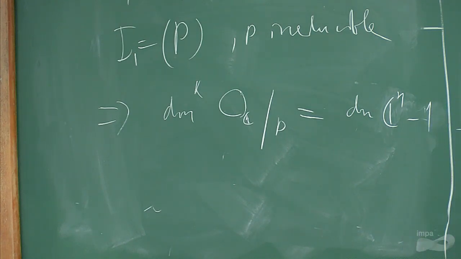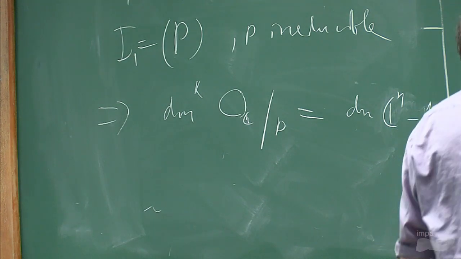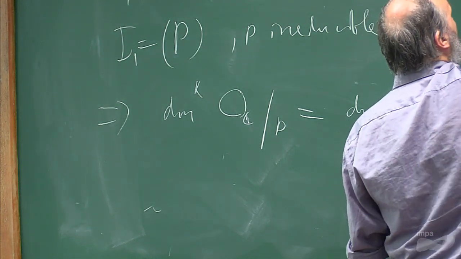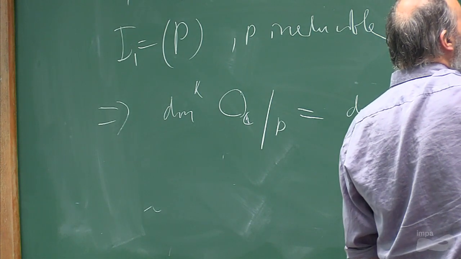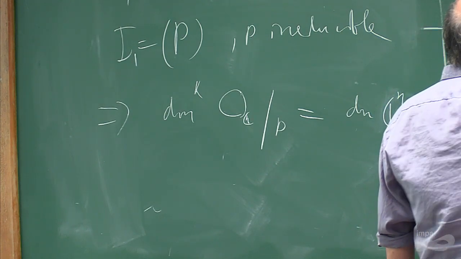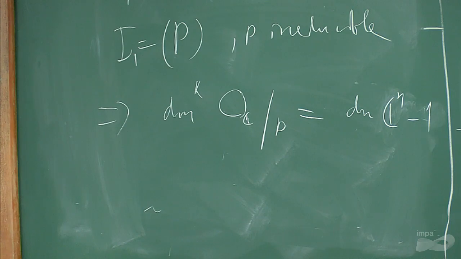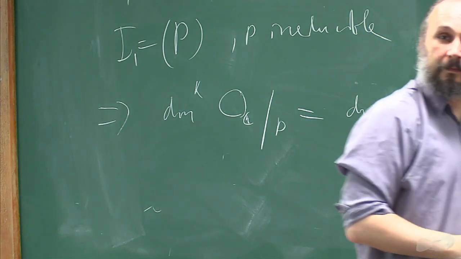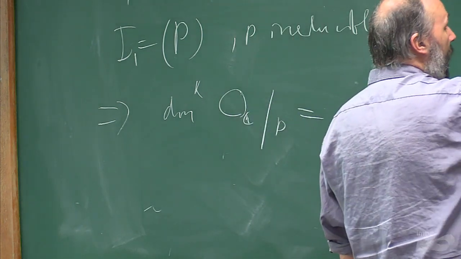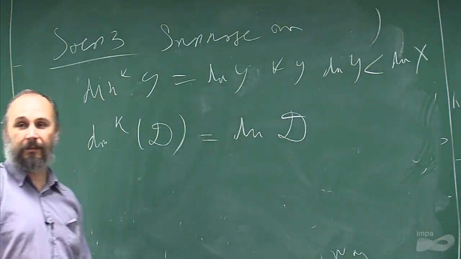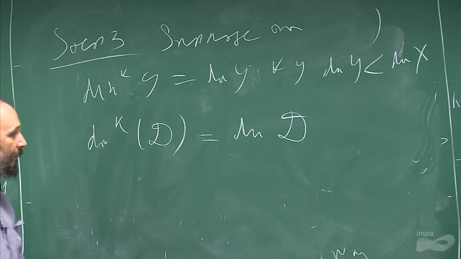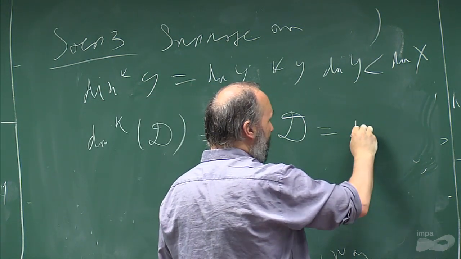Now we can finish by using induction. Step 3. Suppose that dim_Krull of Y is equal to dim of Y for each Y with dimension of Y less than dimension of X. Then dim_Krull of the divisor D is equal to dim of the divisor D. This we know: it's dimension n minus 1.